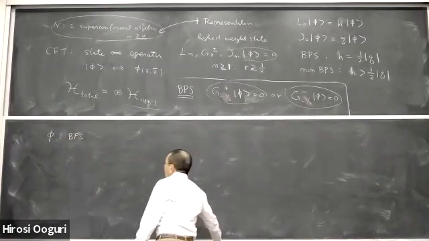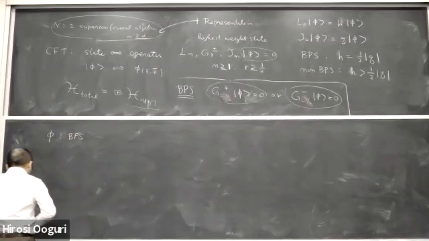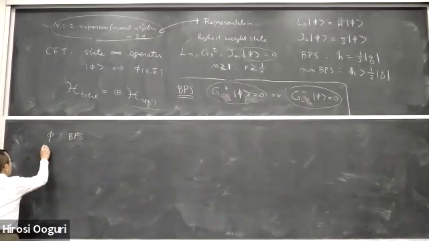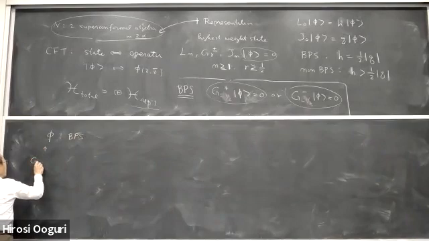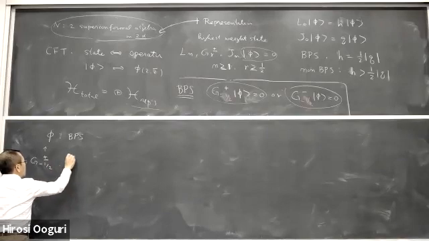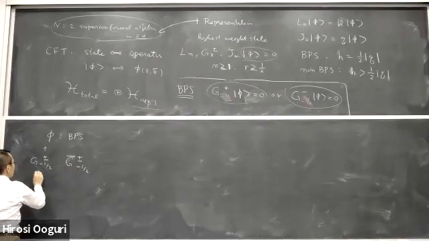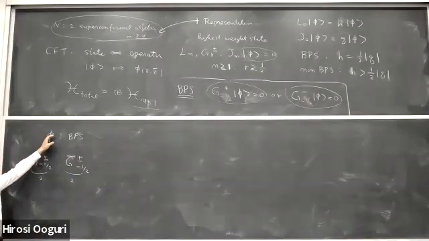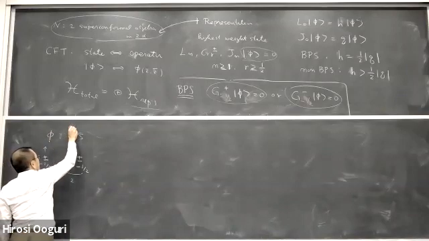So that means that there are actually 4 possible choices of BPS state, because it can be annihilated by G minus 1/2 of plus or minus, and it can be annihilated by G bar, the right mover, of plus or minus 1/2. So you have 2 choices here, and you have 2 choices here. So in total, you have 4 types of BPS state.